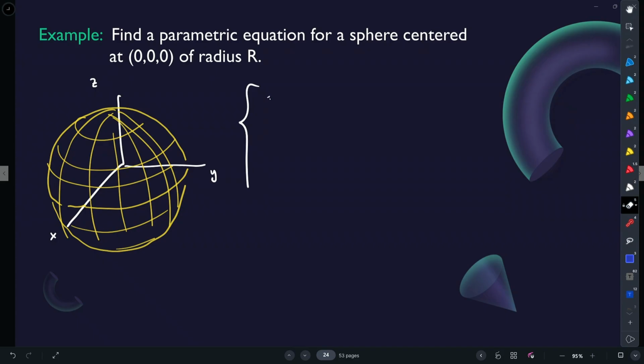So let's just start with rho, theta, and phi. What are the parameters here to describe a sphere of radius r? For rho, remember, rho is the distance from the origin to any point on the sphere. So that would be a full sphere, but I want just the surface.